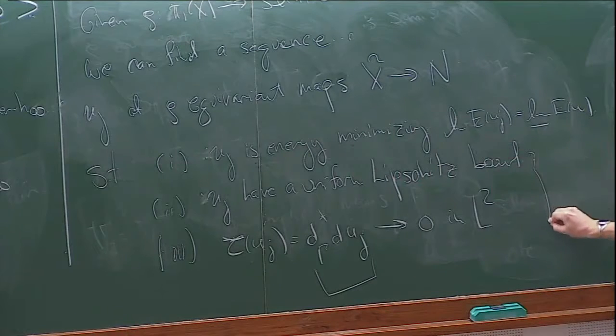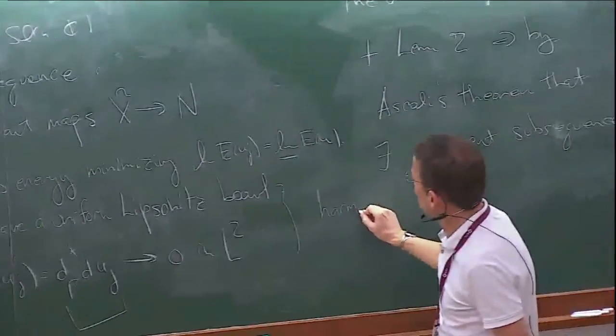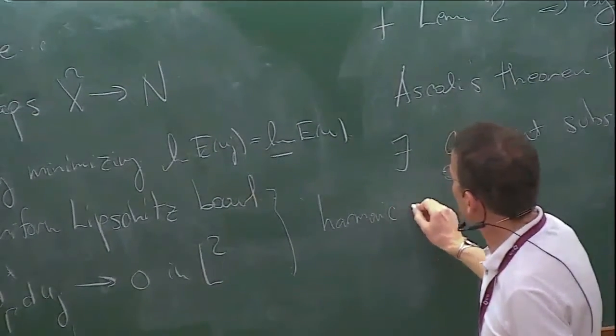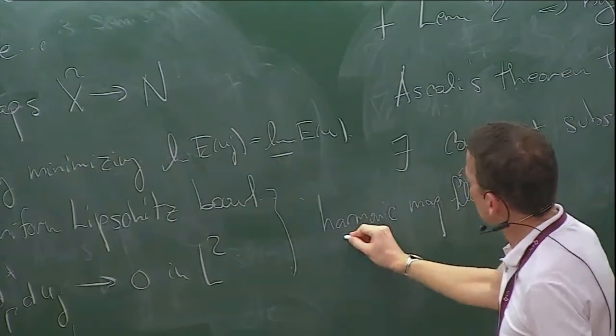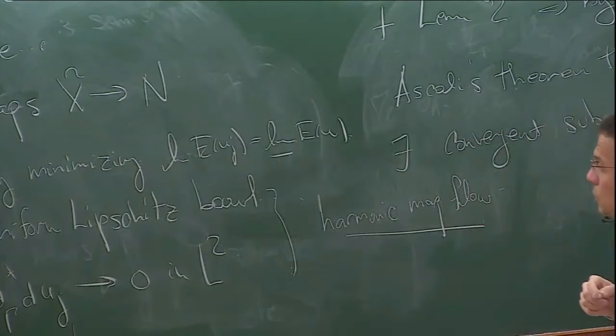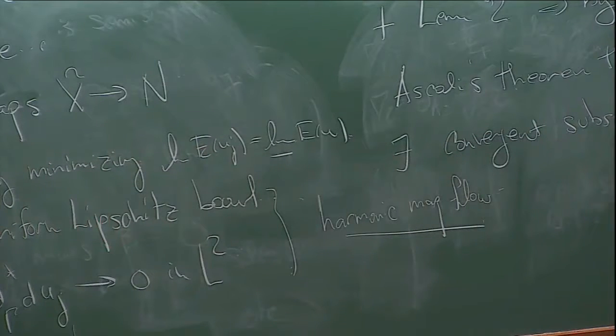Okay, so the way that you construct this sequence is by choosing an arbitrary energy minimizing sequence and then improving it to satisfy these extra conditions by using the harmonic map flow. This is one way to do it. I won't go into too many details here, but the harmonic map flow is the gradient flow for this tension field.